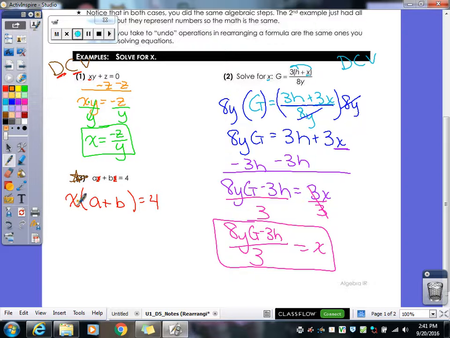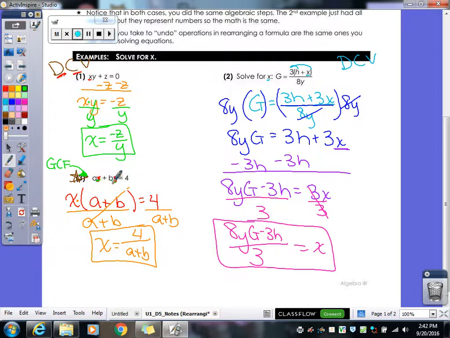It's x times the parentheses, so I divide by a plus b. That cancels on the left, we're left with x, and on the right, we have 4 over a plus b. Those ones are tricky, and we're going to see a lot of them, so get used to doing some GCF factoring. That's only when you have the variable with two different things.